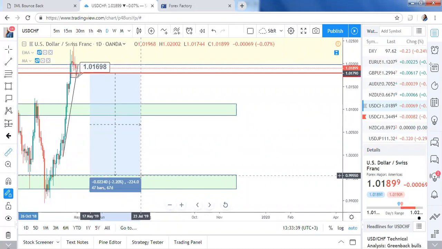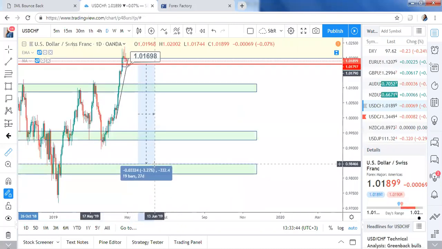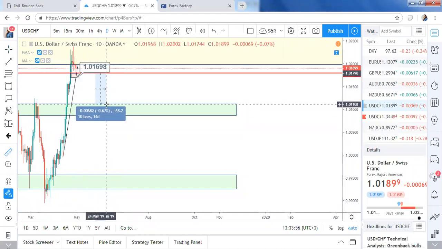Second take profit is around 222 pips. And third take profit is around 332 pips. I mean, guys, up to you, depending on if you swing trade or day trade. Day trader, this is a good movement for 66 pips, 65 pips. This is a good movement here, right?